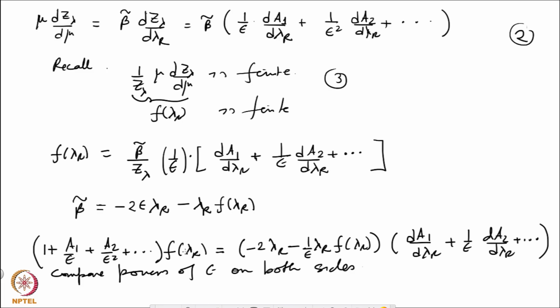You get 1 times f of lambda r on the left, and on the right you have minus 2 lambda r times dA1 over d lambda r. Any other term will be either 1 over epsilon or 1 over epsilon square and so forth. So if I am just comparing the epsilon to the 0 term, then f is equal to minus 2 lambda r times dA1 over d lambda r.